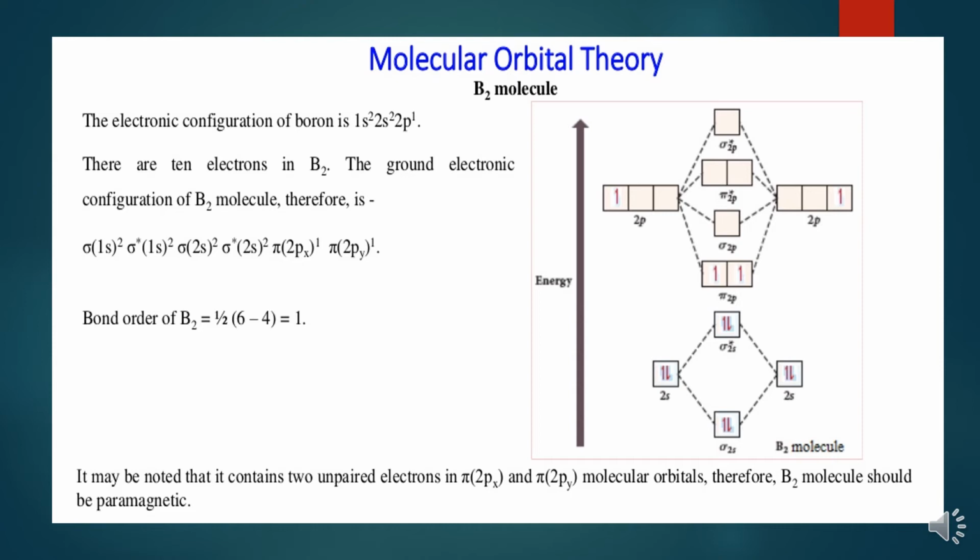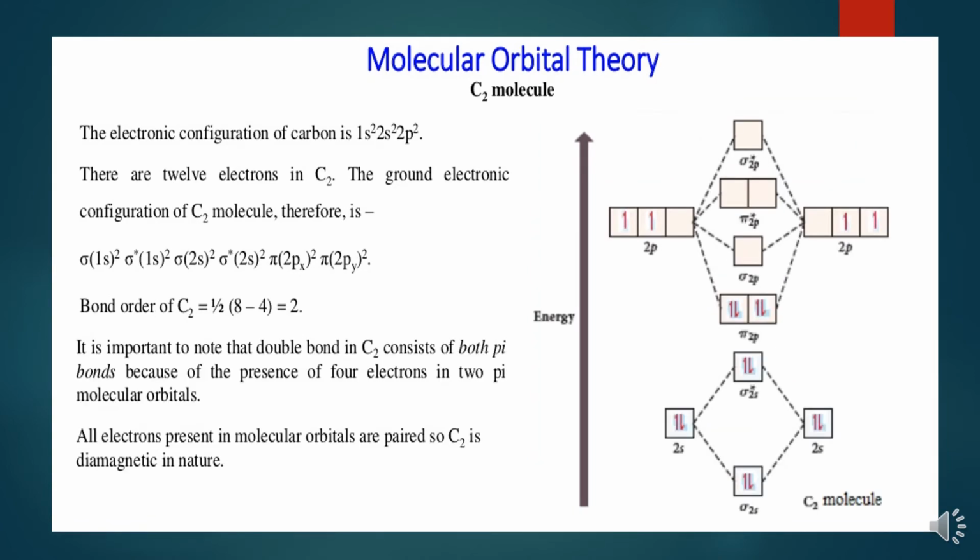Hence bond order of this will be 1, as you can see from the formula: 6 minus 4 divided by 2 is equal to 1. As 2 electrons are unpaired in pi 2px and pi 2py, it is a paramagnetic molecule.